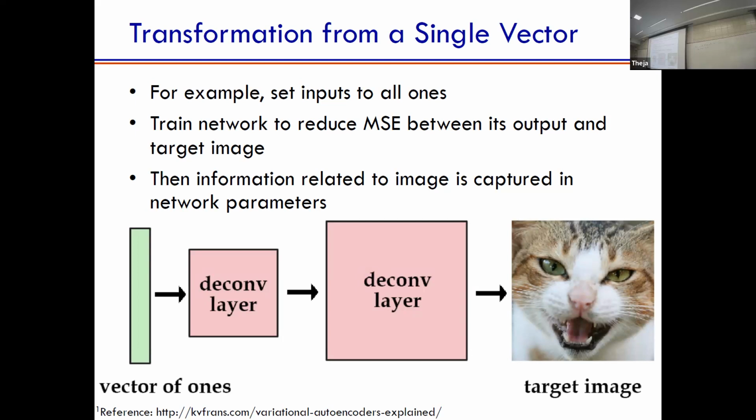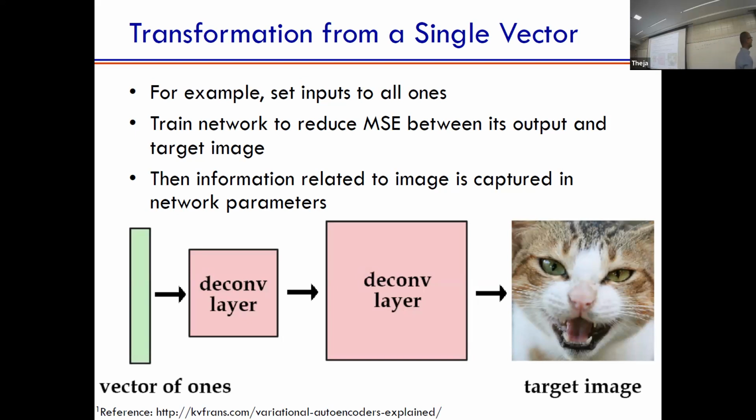And you can imagine, at least if I have a single code and I want to generate an image, I can always train my network such that when I give this as an input, I get that as an output. It's just an optimization problem, right? It's just saying find the parameters such that if I give a specific input, I get a specific output. This is very elementary.